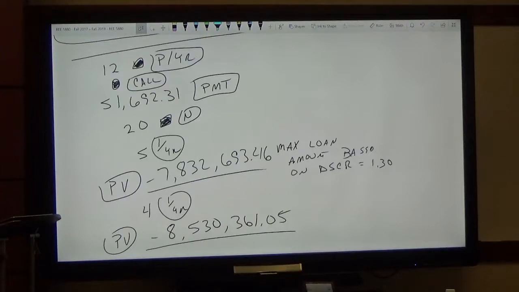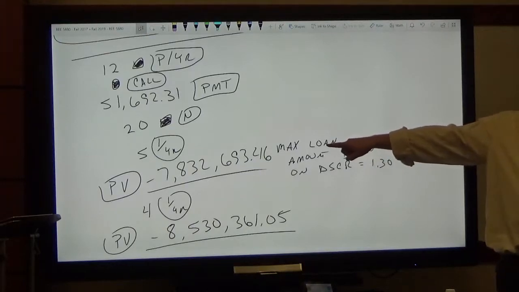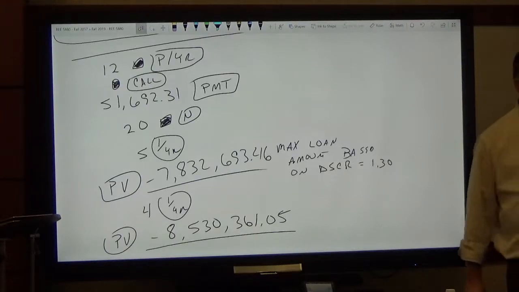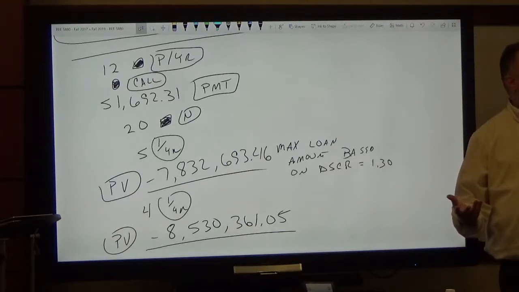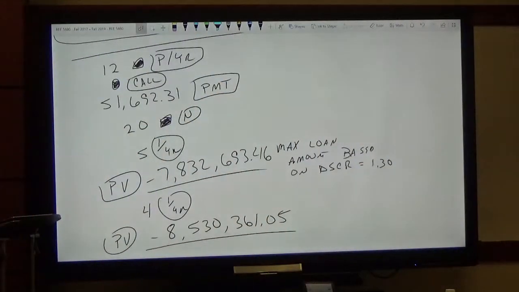So I guess the next step is to figure out what the purchasing power is. Well, that's what we're basically doing. If this is our maximum loan amount, then you can back away from that and ask, what's our maximum purchase price? What's that going to be dependent on? It's going to be dependent on the loan-to-value ratio. Let's say the lender has a standard loan-to-value ratio of 80%.